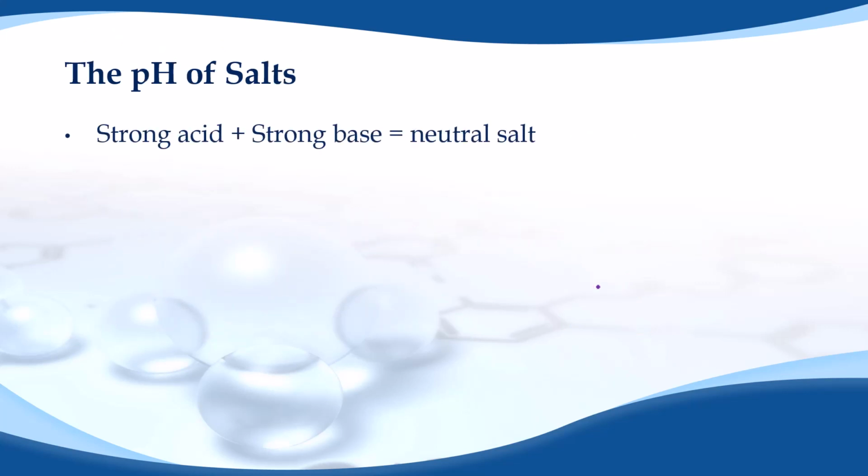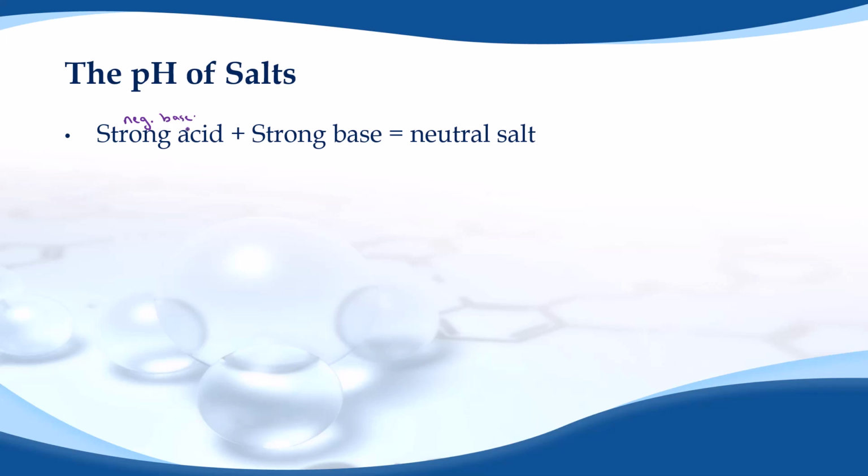If you have a strong acid and a strong base, they both 100% dissociate, which means that the reaction goes all the way to completion. So the salt that you produce will be neutral. Another way to look at this is, if we remember from our previous video when we talked about the strength of conjugate substances, a strong acid has a negligibly strong base.